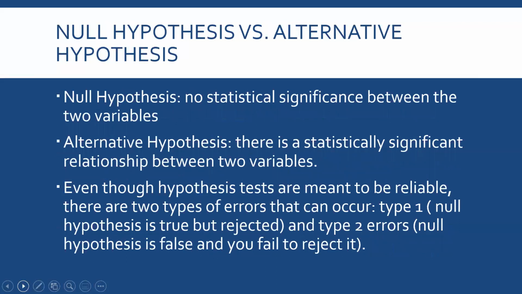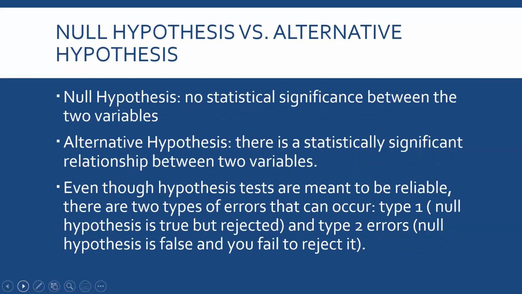In the hypothesis, we have two hypotheses. One is called the null hypothesis, which means no statistical difference between the two variables. So if you study two variables, you say, okay, there's no difference between these two variables.